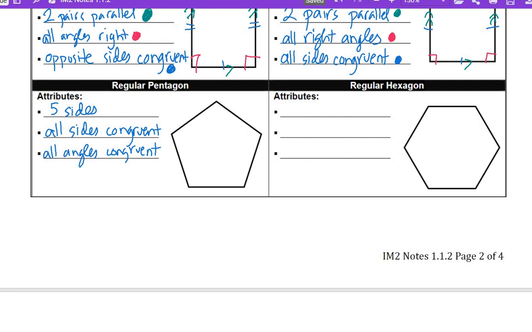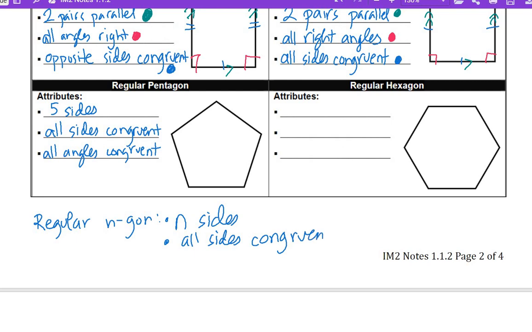In fact, that's what regular means. Regular n-gon would have n sides, all sides congruent, and all angles congruent.